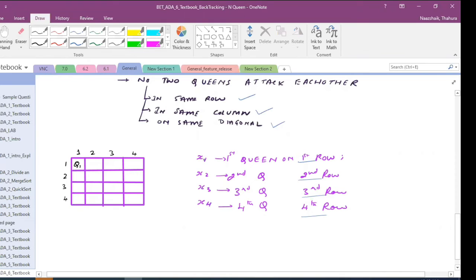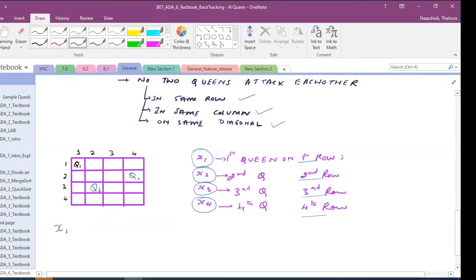When I say x1, it is the position where I can place queen 1. When I say x2, it is the position where I can place queen 2. Similarly, x3, x4. So what do I mean by x1, x2, x3, x4? Just take a look at this example. Let me quickly put some values randomly.